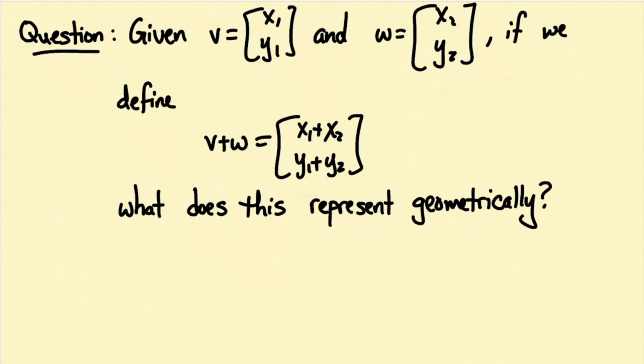So once again, we appeal to our two-dimensional walking game. On the one hand, starting from the origin, we can move as described by the vector v, then move as described by the vector w. So first, we move x1 steps horizontally, then y1 steps vertically. The arrow v points from the origin to our new position at (x1, y1).